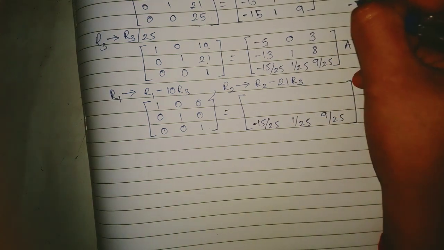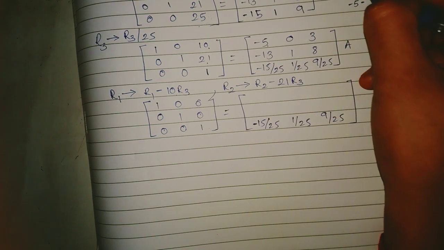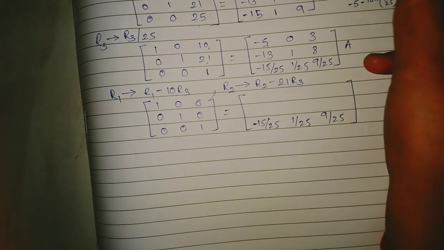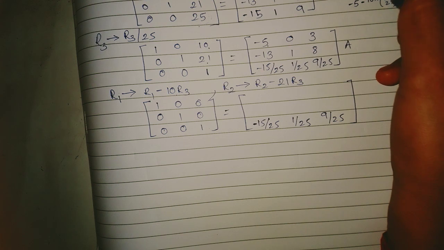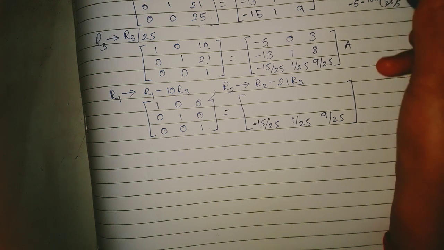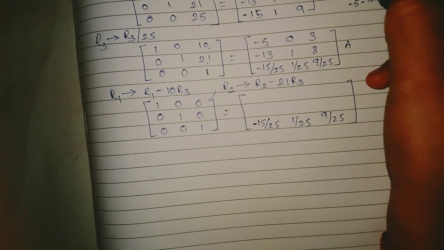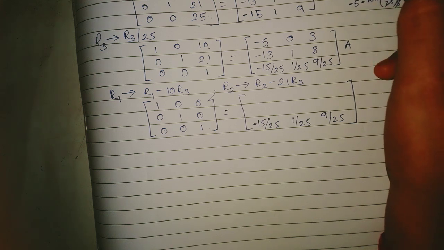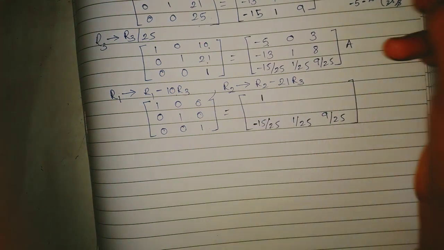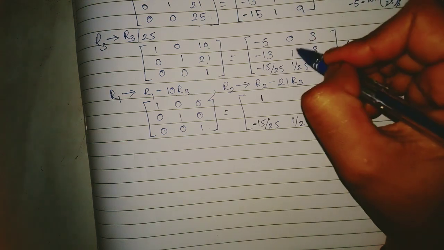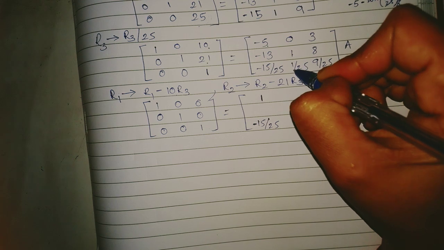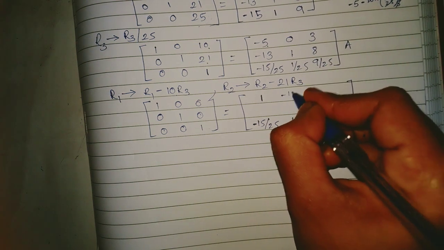R1 is minus 5 minus 10 into minus 15 upon 25, so this will be 6. Minus 5 plus 6, so it is 1. Then 0 minus 10 R3, so it is minus 10 by 25.